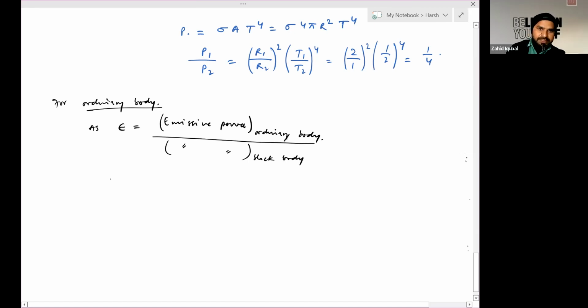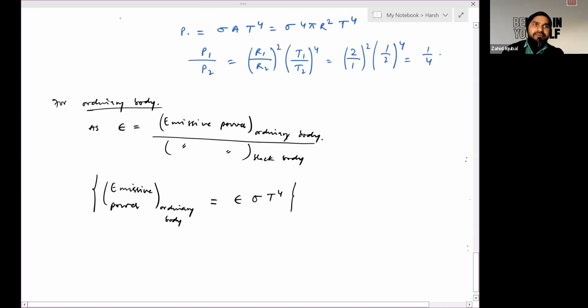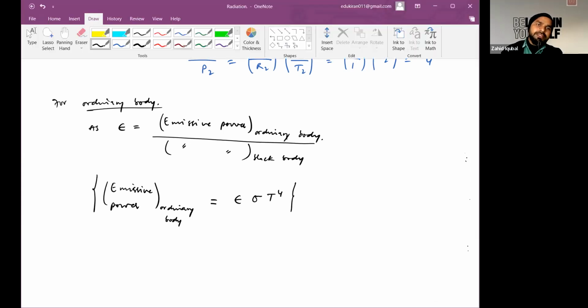We have to calculate emissive power of ordinary body. So we may write emissive power of any ordinary body is equal to epsilon times emissive power of black body, which is nothing but sigma times temperature to the power 4.